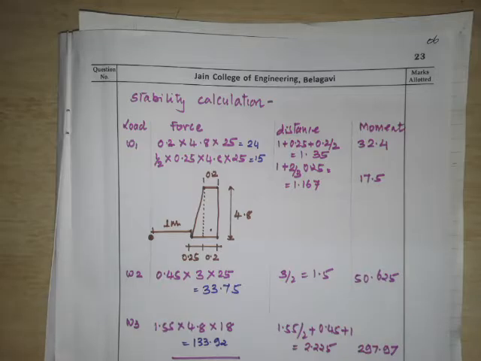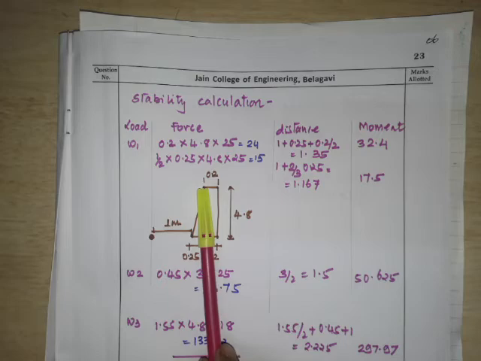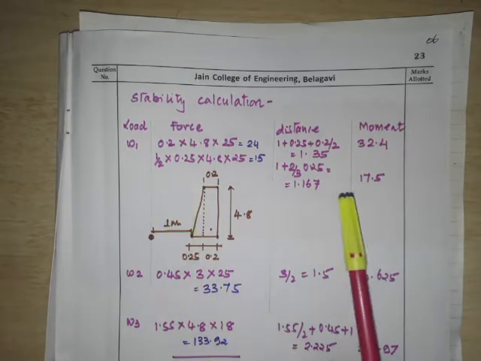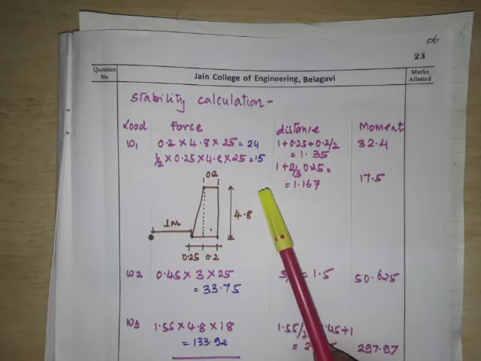I was discussing the design of a cantilever retaining wall, and in the last session we finished the stability calculation of the retaining wall. I discussed the different types of forces and the forces acting as moments over the retaining wall.